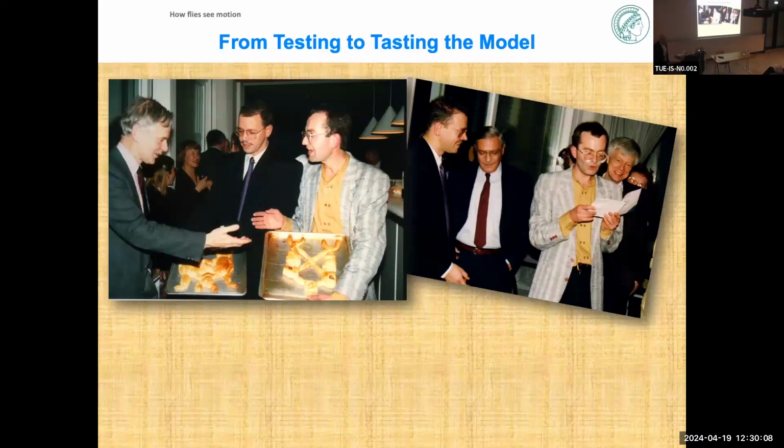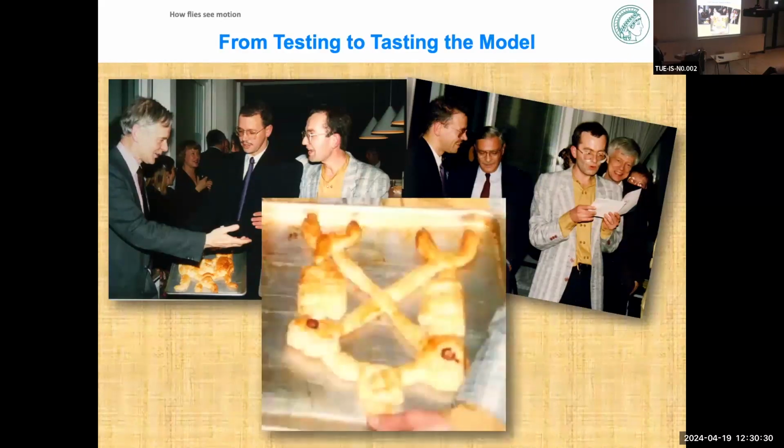And that's a bacon version of the Reichardt detector that was baked by Johannes, who's here in the audience. Johannes, yeah, raise your hand. So he's responsible for that. And so we went from testing the model to tasting the model. And that's what Johannes did for us. Because honestly, Martin Egelhaaf and I were not only excited by the Reichardt model, we were somehow obsessed.